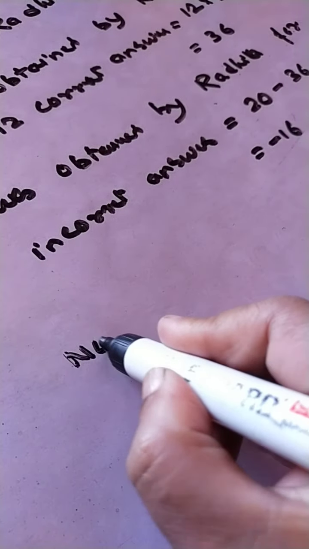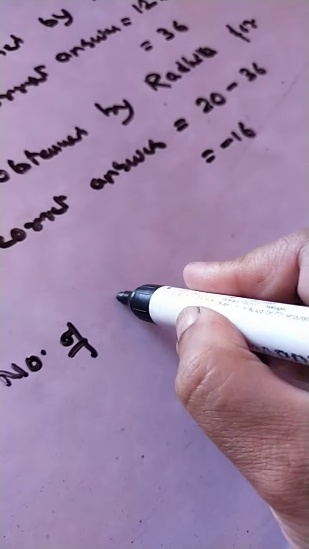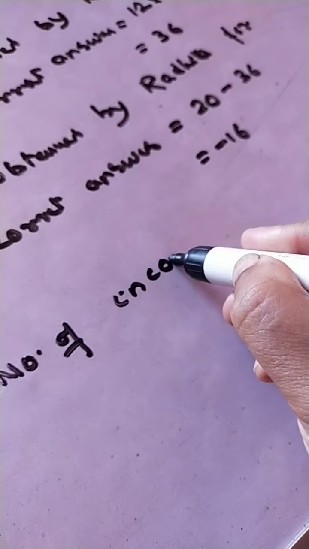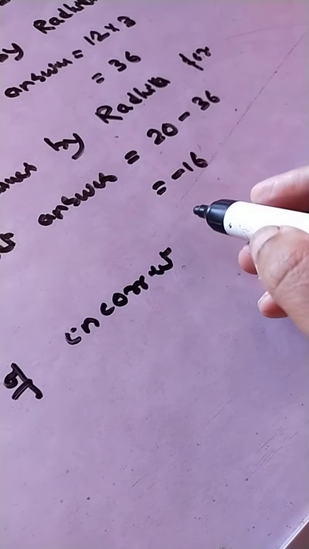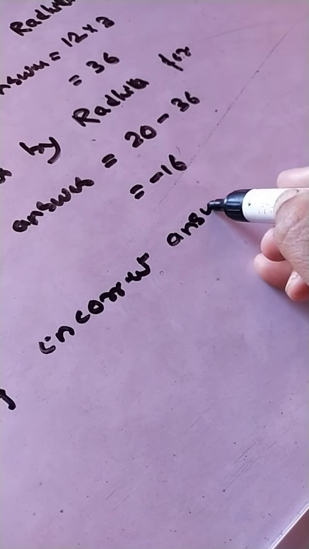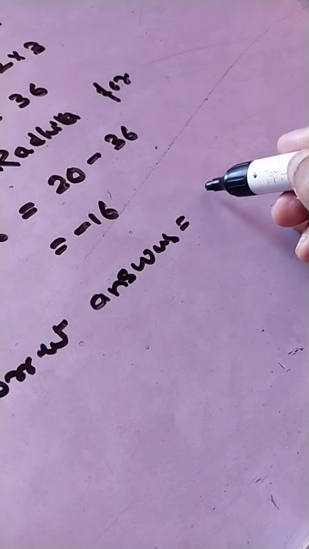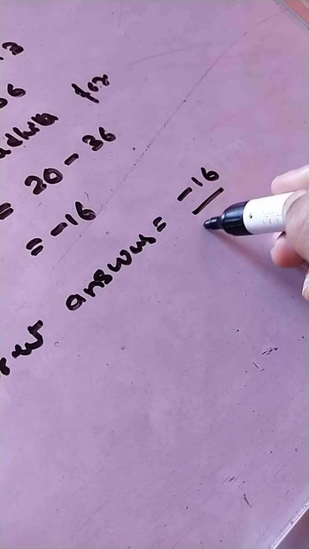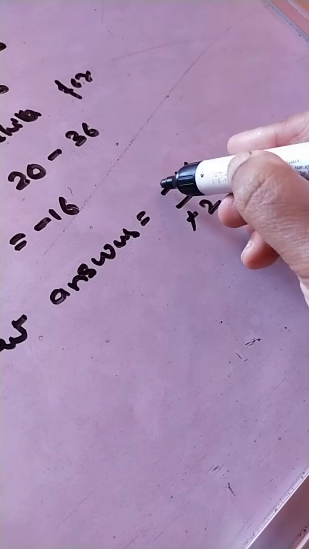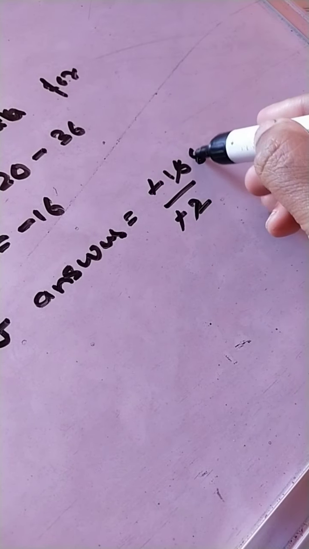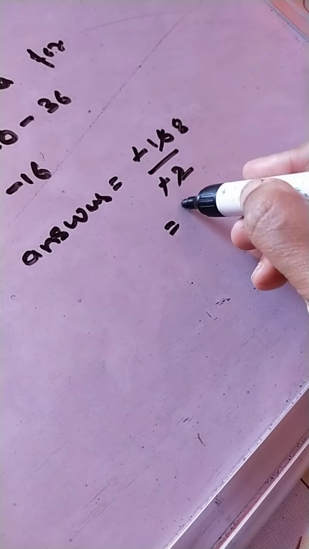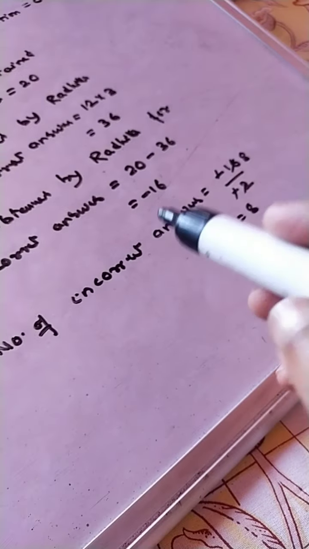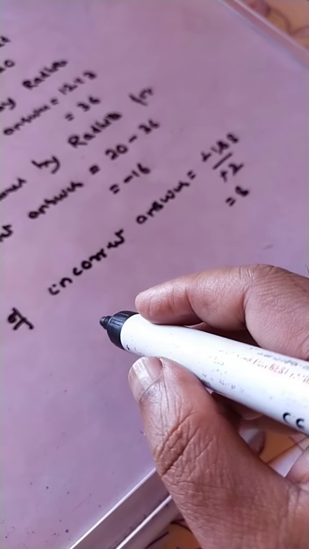So the number of incorrect answers would be -16 divided by -2. We'll cancel the minus signs, and 2 eights are 16. That is 8 incorrect answers she has given.